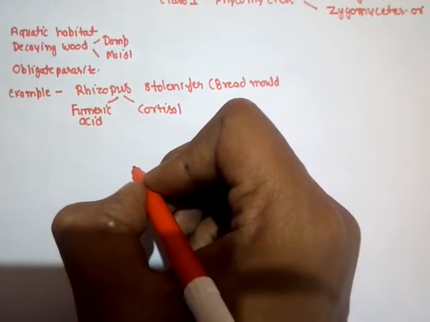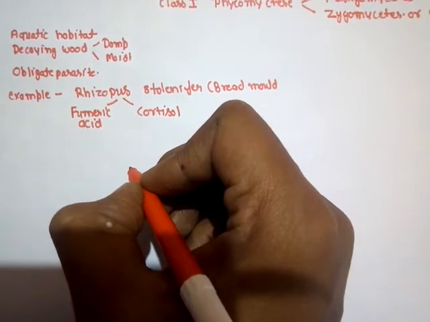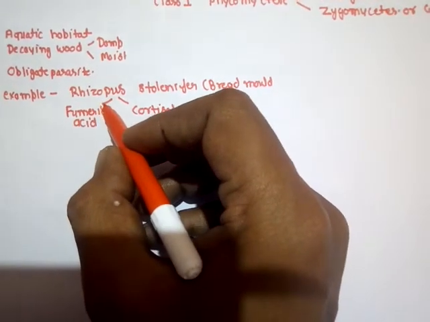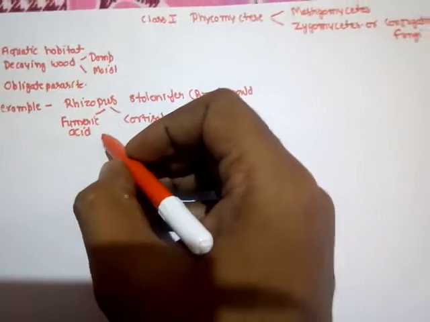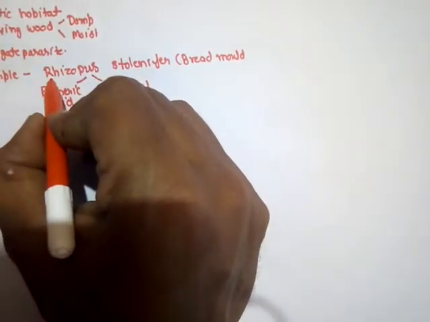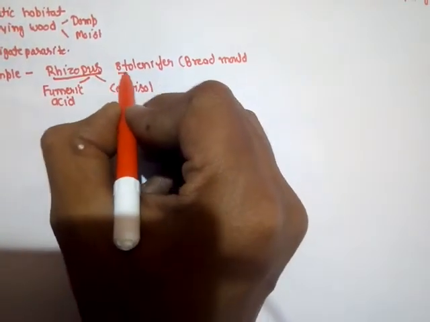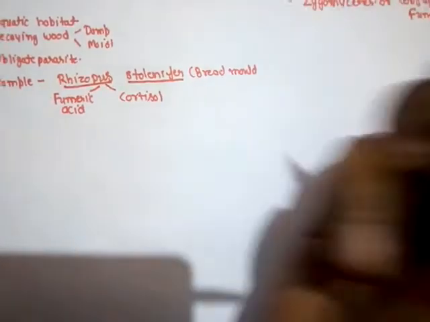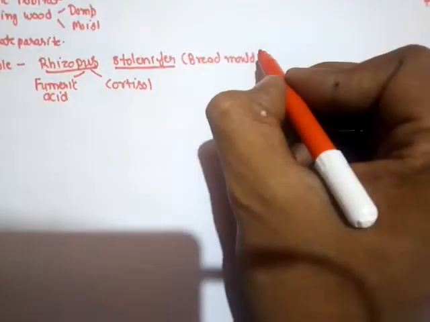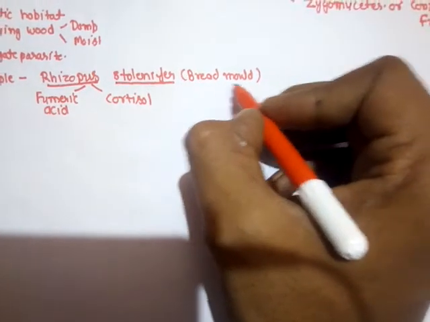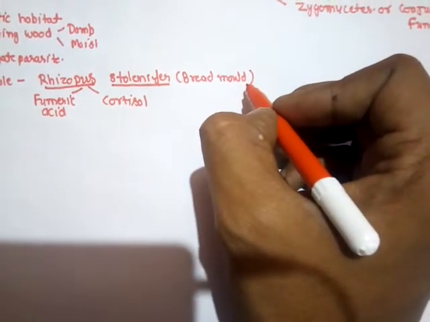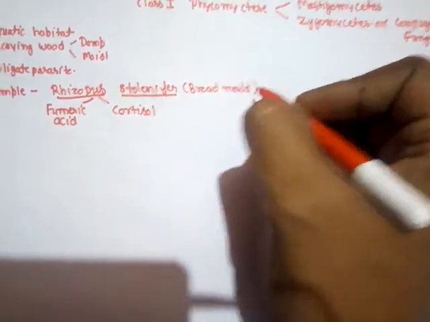Okay, so now we will try to understand the features of phycomycetes with an example of zygomycetes, that is Rhizopus stolonifer. We should always remember, whenever we write the scientific name of any organism, we must underline the genus and species separately. This fungus is commonly known as bread mold because it generally grows on decaying bread.